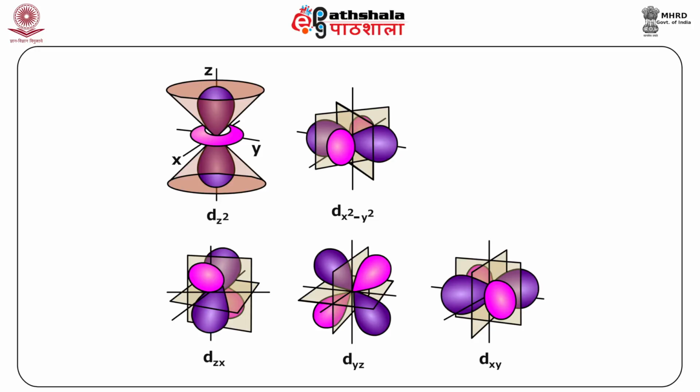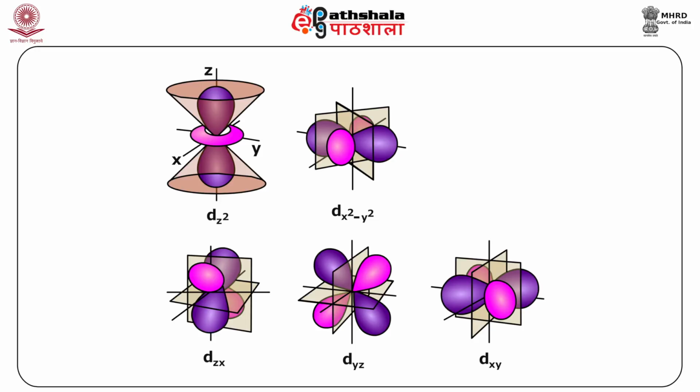They comprise two nodal planes, bisecting the probability twice, giving the shape of a clover leaf. The fifth one has a peanut shape with a donut about it.